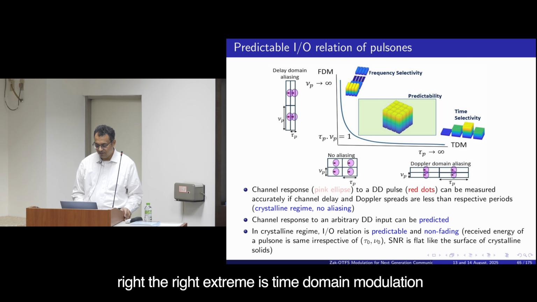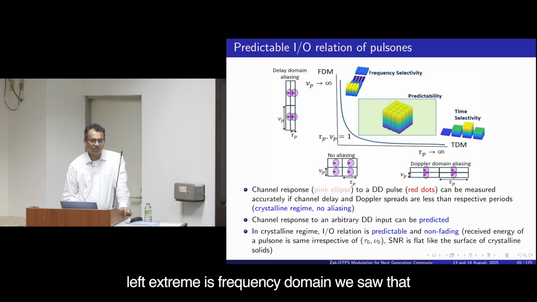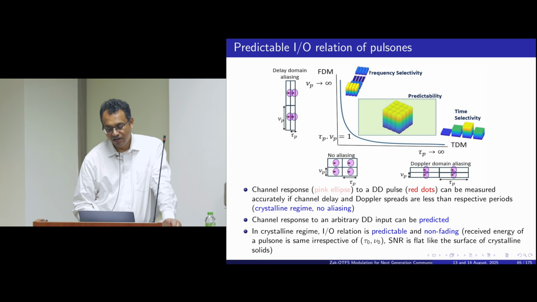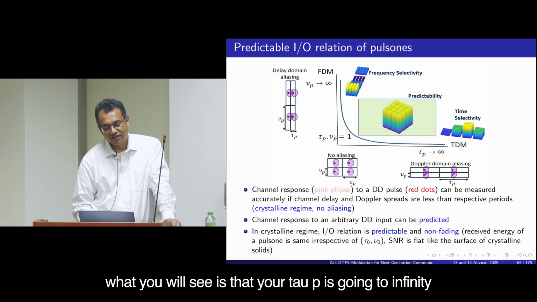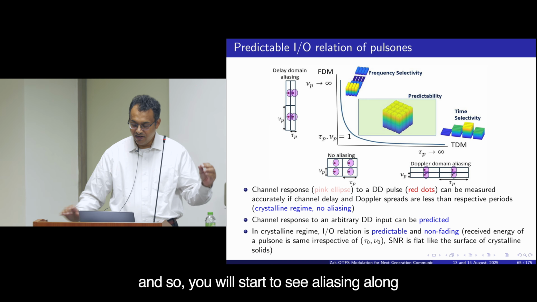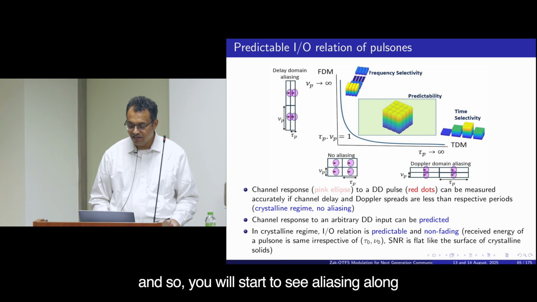The right extreme is time domain modulation, the left extreme is frequency domain, we saw that. In between you will have no aliasing, that is the crystalline regime. If you go too much to the right, your tau p is going to infinity, which means that your nu p is becoming smaller, and so you will start to see aliasing along the Doppler domain.